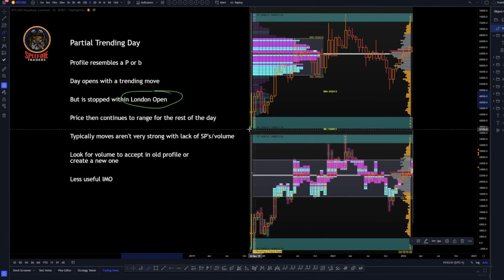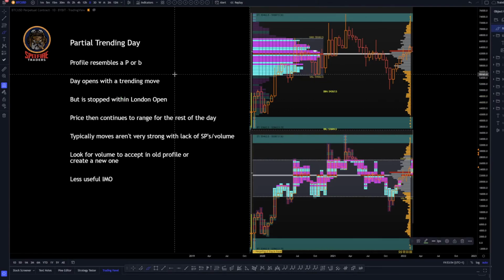So we've seen this push up, but we've got no single prints on the push up. We've just moved up, formed a new range within London Open, and then it's continued sideways for the rest of the time. Okay, let's get rid of that.